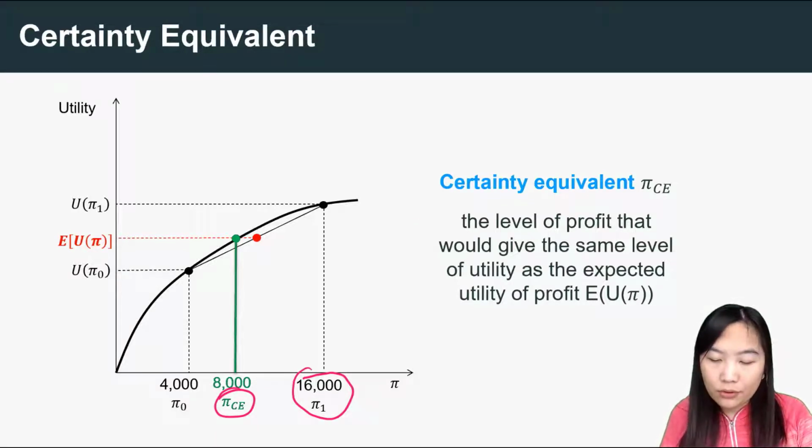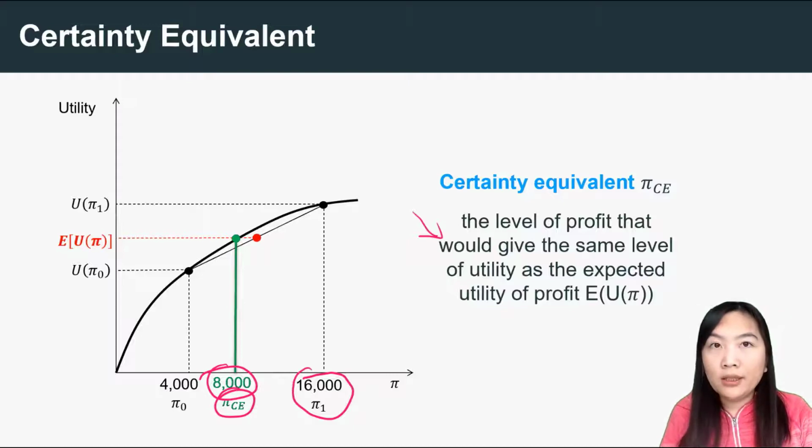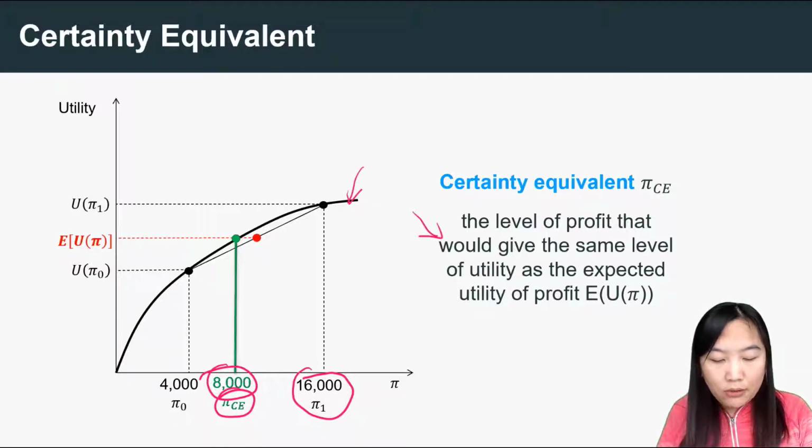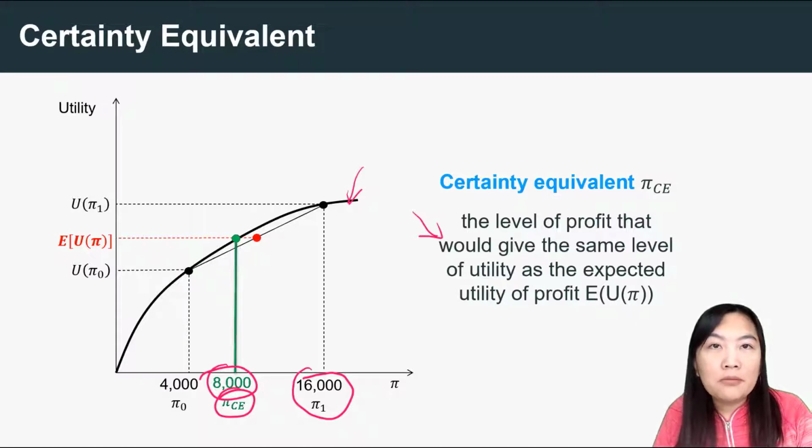So if you read the definition here, it is the level of profit where the utility of that profit, the utility of CE, is on the utility curve. Whenever we say utility of something, it's on the utility curve. So that utility is the same as the expected utility.